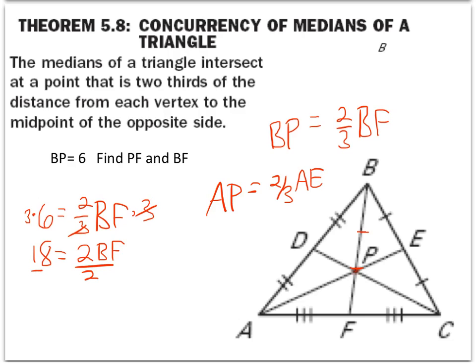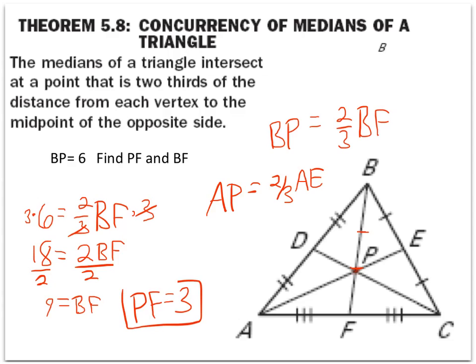Divide both sides by 2. And BF is equal to 9. So this entire median is 9. Divide that into three equal portions. 3 plus 3 plus 3 is the entire median. So BP was defined as 6, which means what's left over here for PF is simply 3. PF is equal to 3. And we're done.